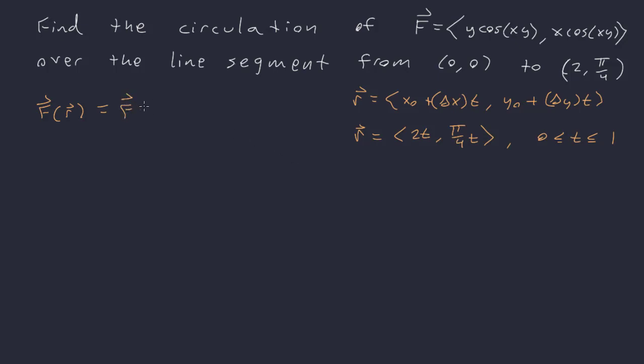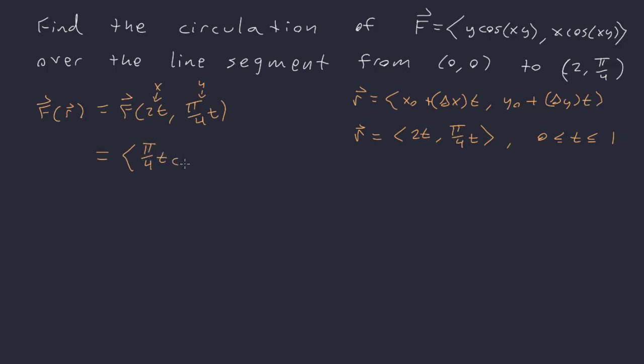Okay, so our f of r is going to be plugging 2t, comma pi fourths t into our vector field. We put in 2t for x and pi over 4 t for y.